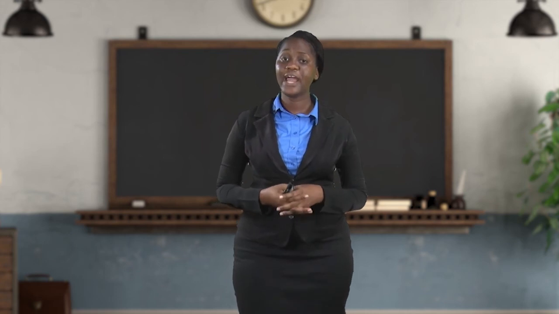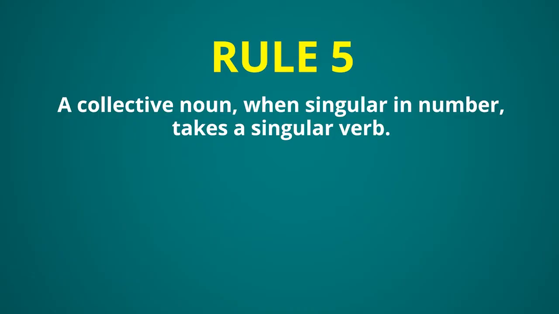So, here at rule number 5, it states, a collective noun, when singular in number, takes a singular verb. Let me repeat that. A collective noun, when singular in number, takes a singular verb.